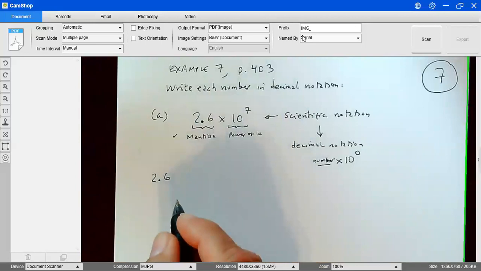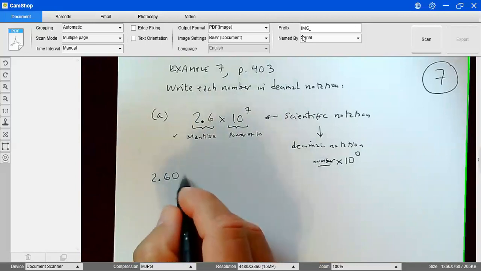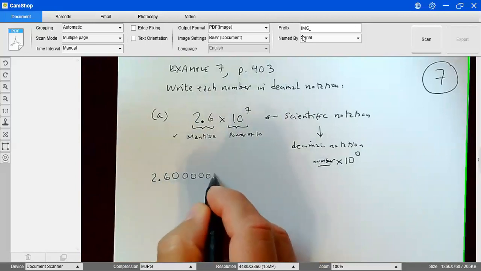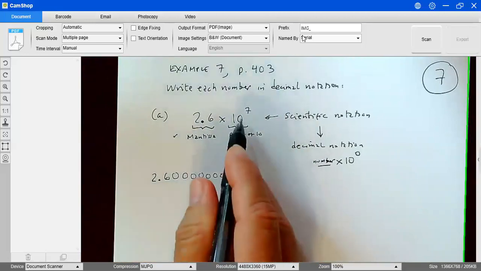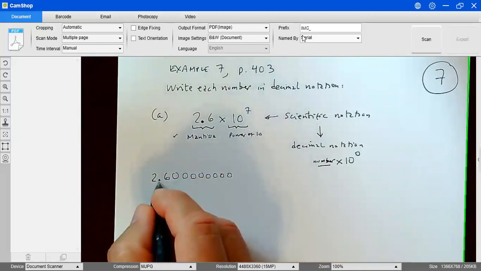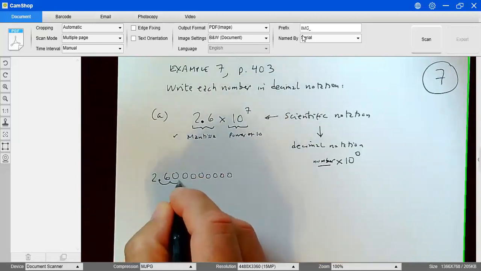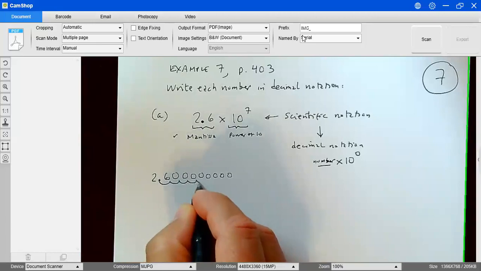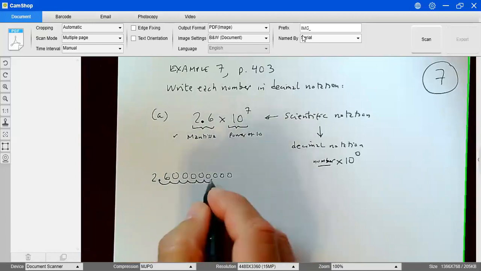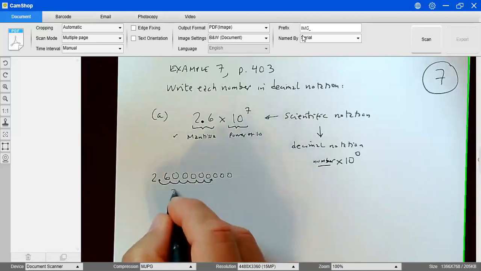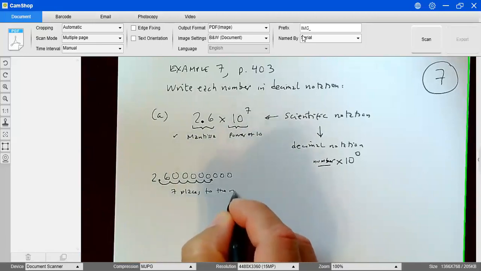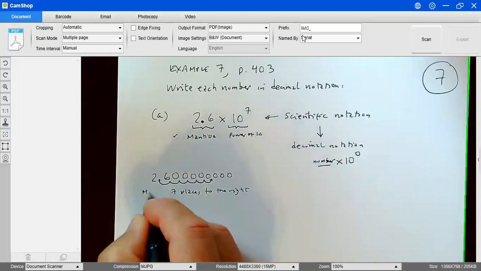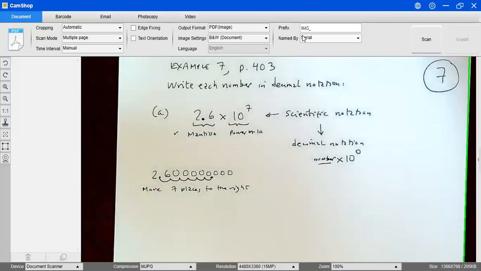So I'm going to write 2.6 here, and then I'm going to add a lot of zeros, and then I'm going to start moving. If I move the point 7 places, 1, 2, 3, 4, 5, 6, so I'm moving the decimal point 7 places to the right.